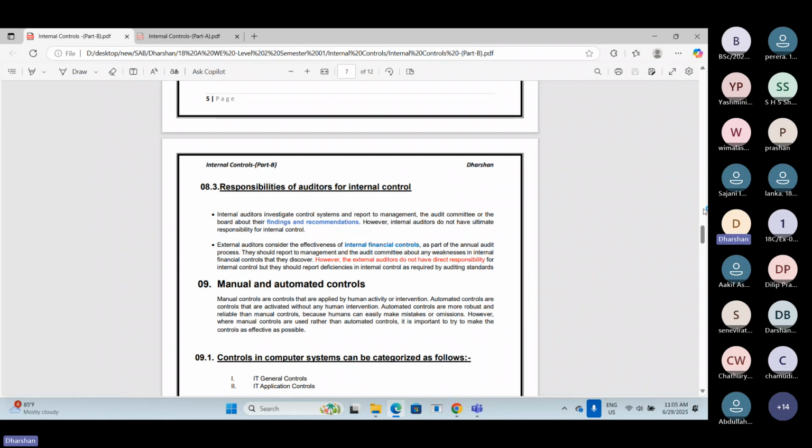Internal auditors should review company's internal control system at regular interval. That's the first point. At regular interval, in brackets write monthly or quarterly.